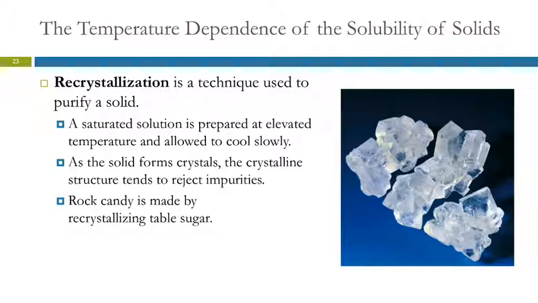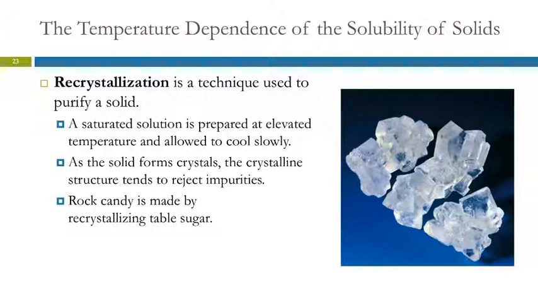So this equilibrium is taken advantage of in a technique called recrystallization. This is where you dissolve a solid and then allow it to recrystallize slowly, and you can form a more pure solid that way. So you form a saturated solution at an elevated temperature, and you allow it to cool very slowly. You're not trying to get a supersaturated solution.